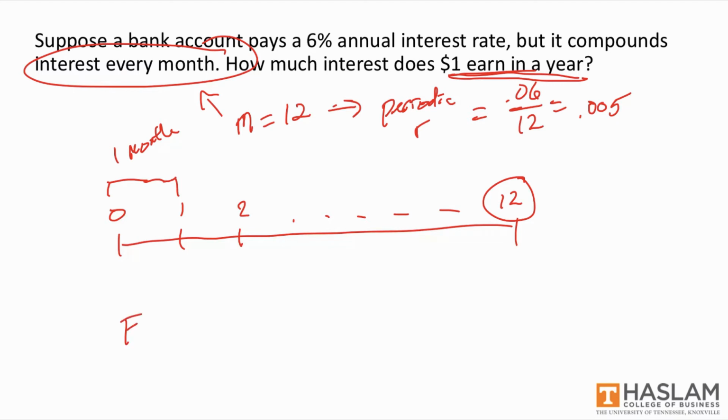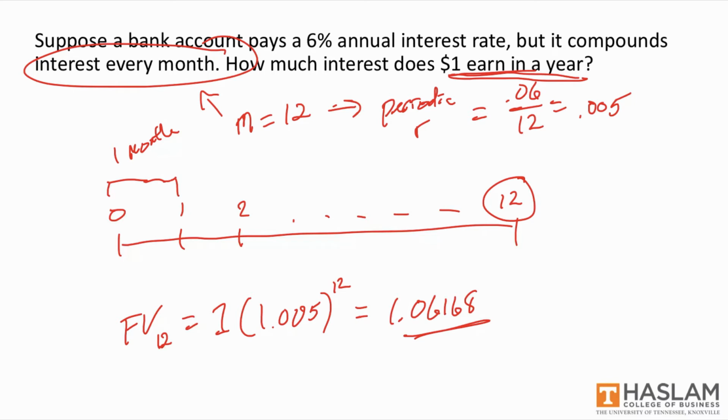And so the future value at time 12 is the dollar times 1 plus the periodic rate of interest of 0.5% raised to the 12th power, since we have 12 compounding periods. And that answer is $1.06168. And so how much interest does a dollar earn in a year? 6.168 cents.